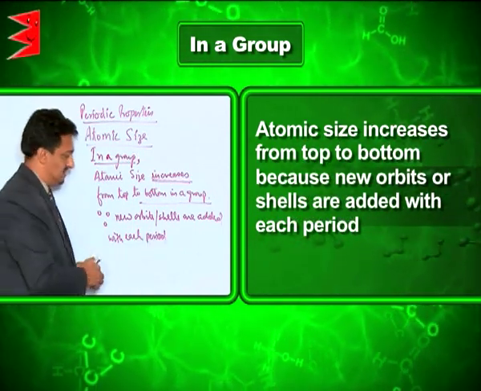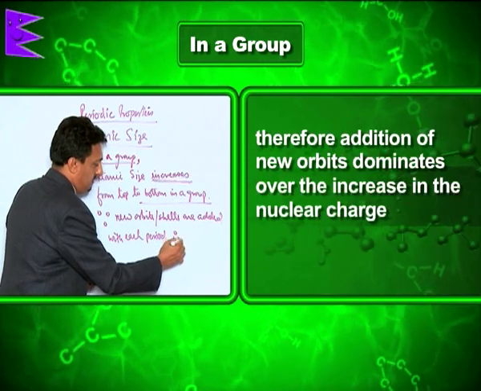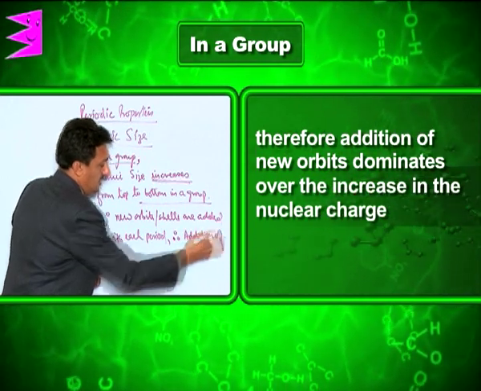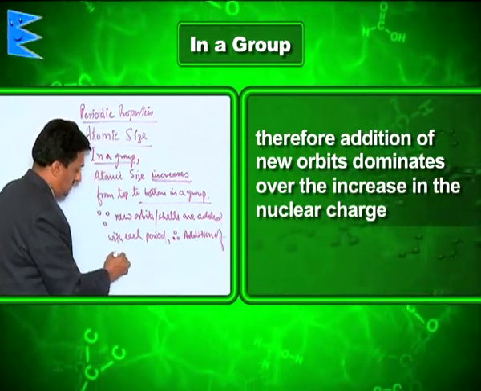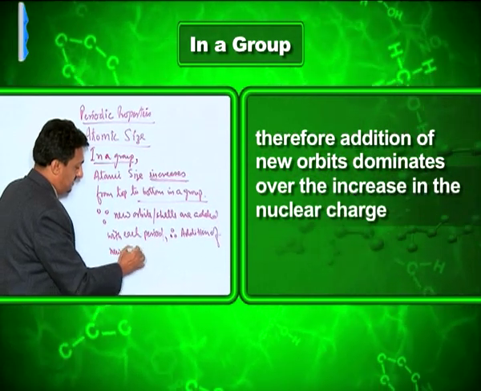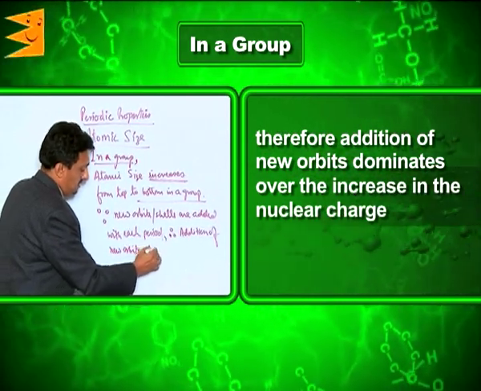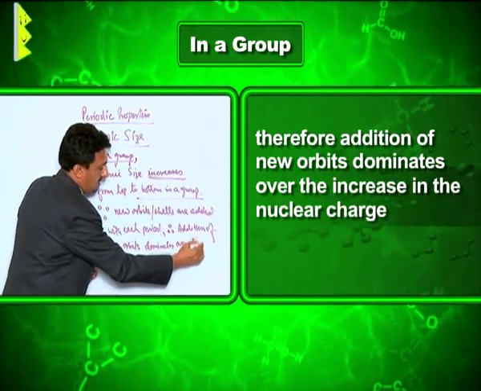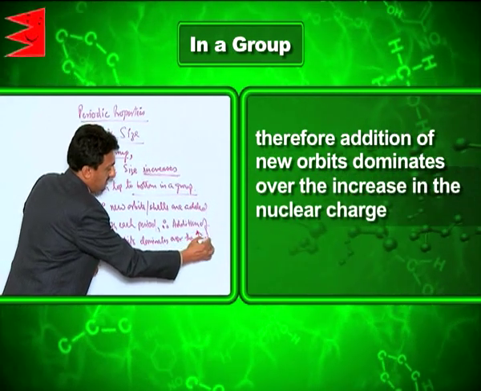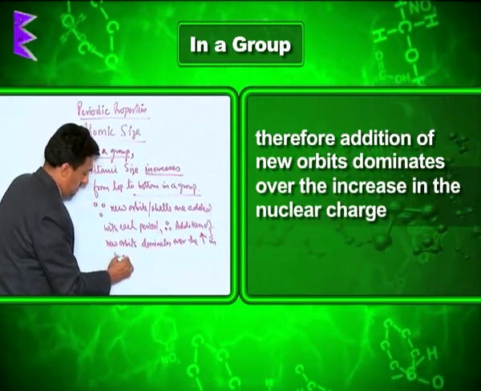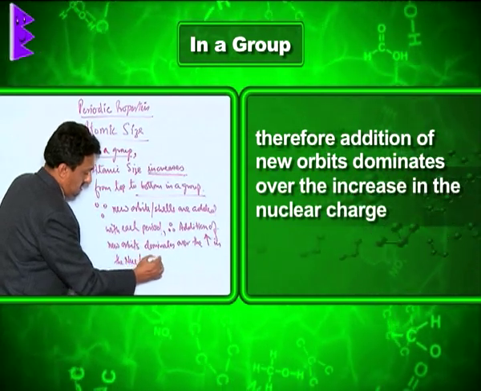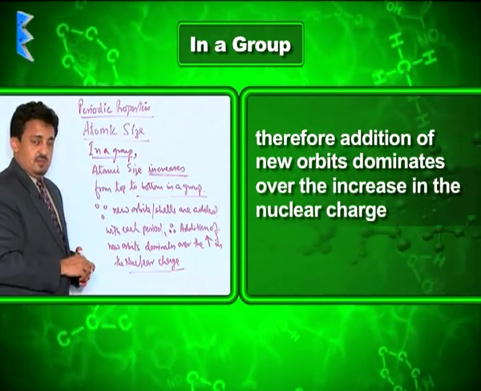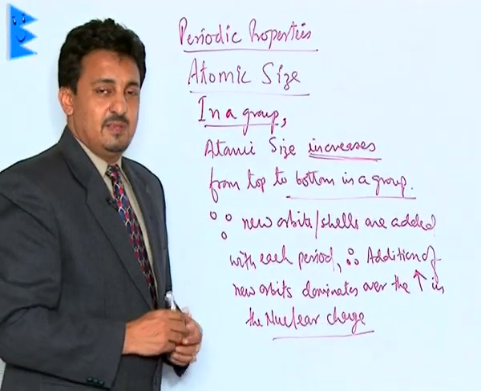Therefore, the addition of new orbits dominates over the increase in the nuclear charge, and that's why the atomic size increases.